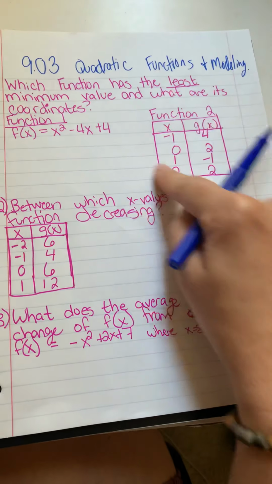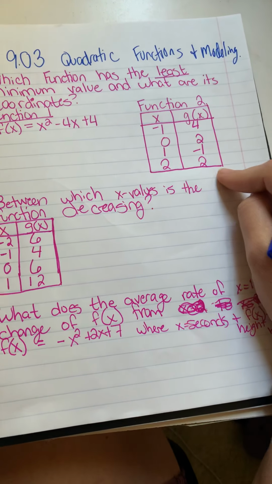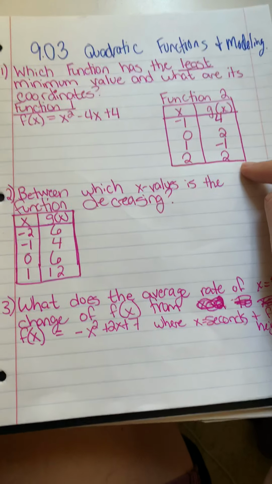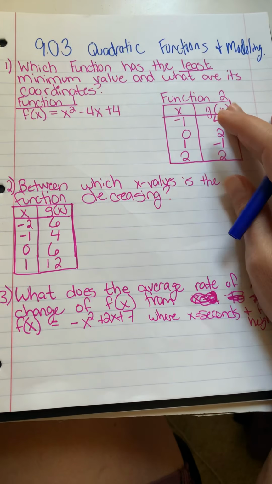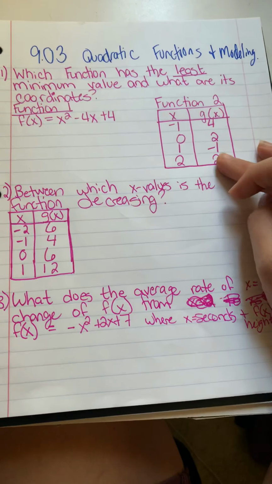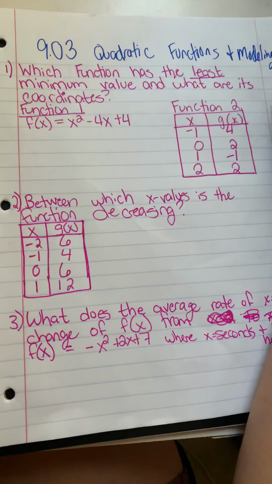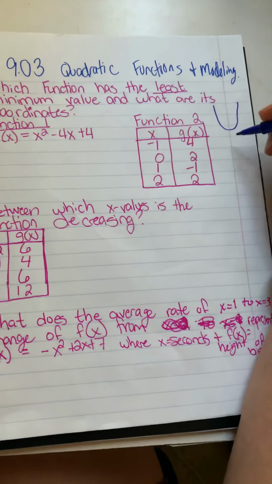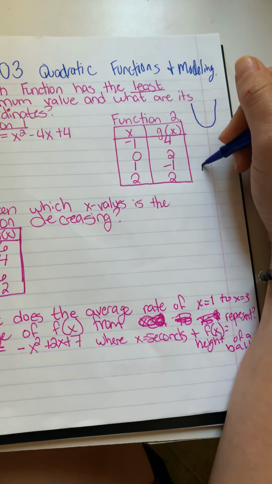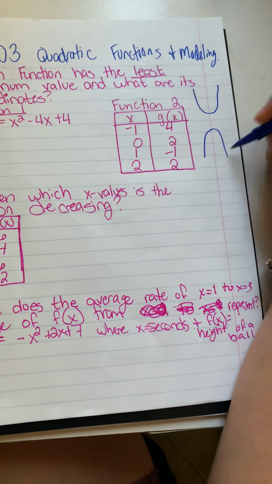So when you look at a table, you can find the maximum or minimum values by just looking at the coordinates. Remember with a quadratic, we're going to go down in value and then come back up in value, or we're going to go up in value and then go back down.